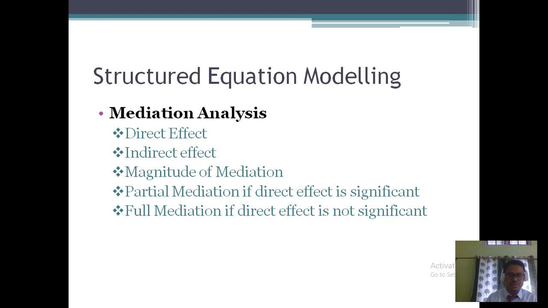So the magnitude of mediation can be partial or full. Partial mediation happens when there is a direct significant relationship between the two variables but is impacted by the third variable. Whereas full mediation takes place if there is no direct significant relation between two constructs, but they have a relationship when they are interfered by a third variable. So this is mediation analysis.